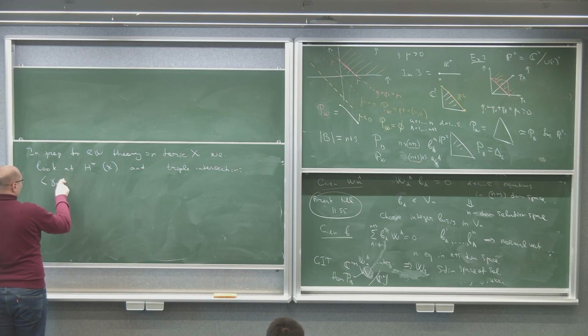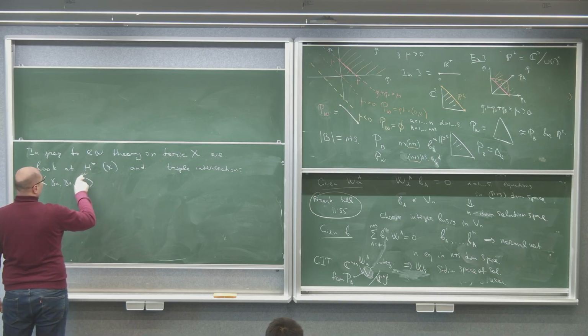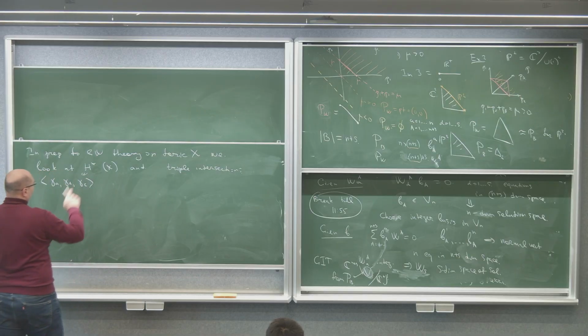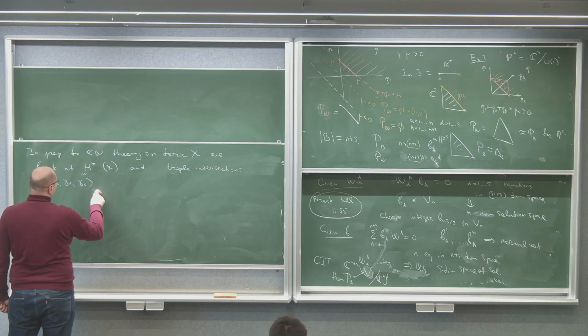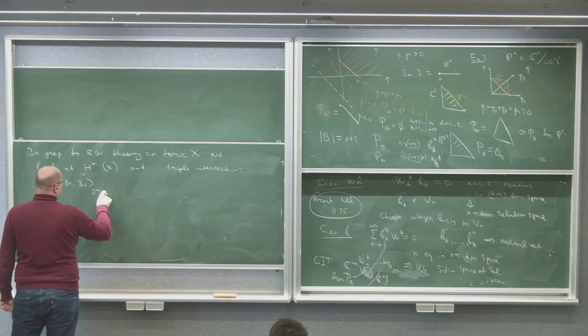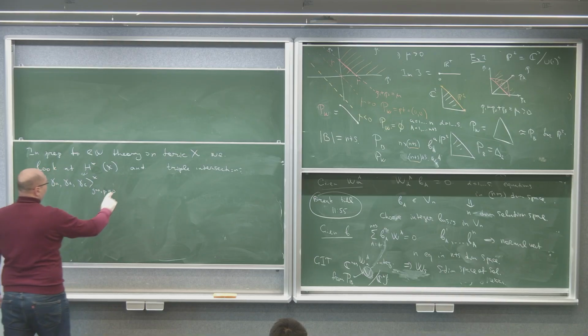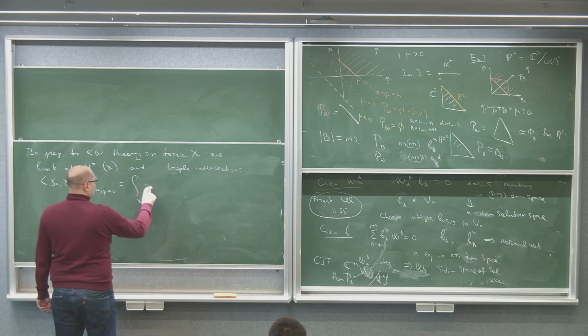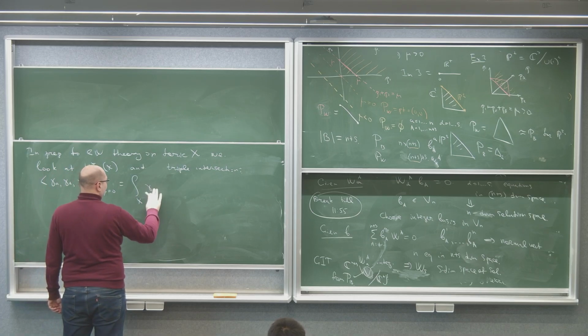If you have gamma A, gamma B, gamma C, all these gammas are representatives of cohomology classes. So we look at the genus 0 and degree 0 Gromov-Witten invariant on X. That is given by a very simple formula.